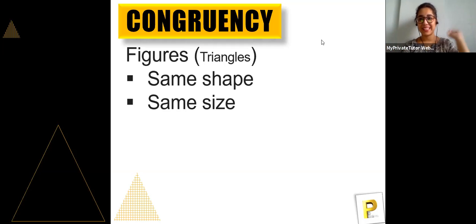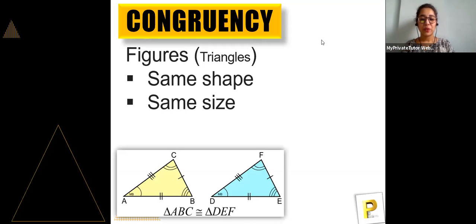Okay, I'll give you one more example on the basis of mathematics, that is two triangles. If you talk about triangle ABC and triangle DEF, both of them are congruent. How can we tell that both of them are congruent? You can see that these lines are present to indicate that these sides are the same.